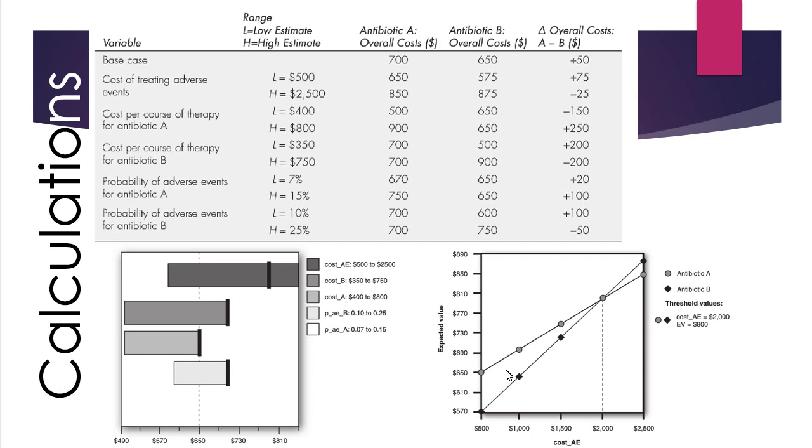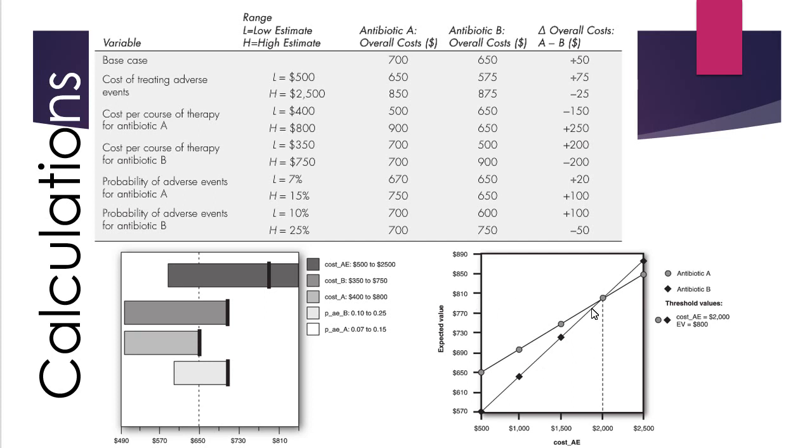So it is about minimizing the expected value, finding where the overlap between the two values are, and at what cost that is, and what expected value. The expected value, if you draw a horizontal line to the y-axis, you'll get to approximately $800.